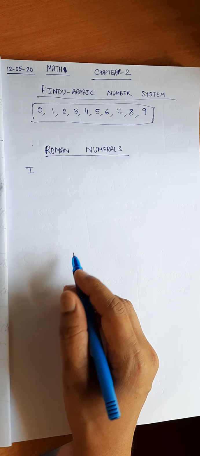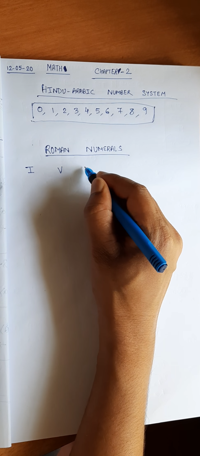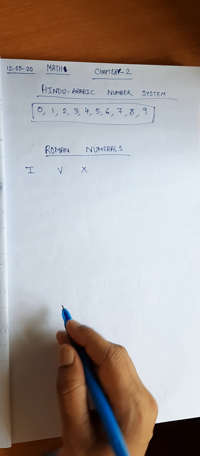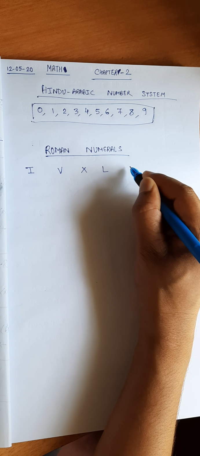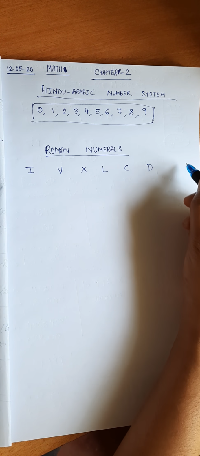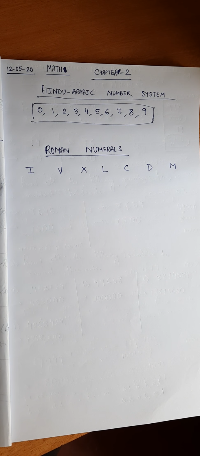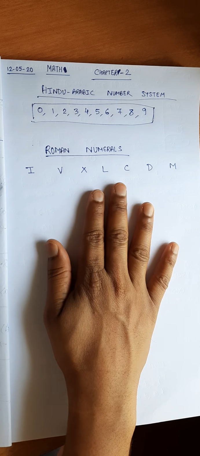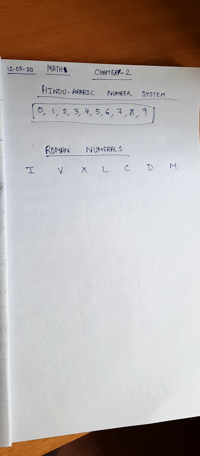This, this one is 3, 4, 5, 6 and 7. These are the 7 basic symbols of Roman numerals which are used to write any number.